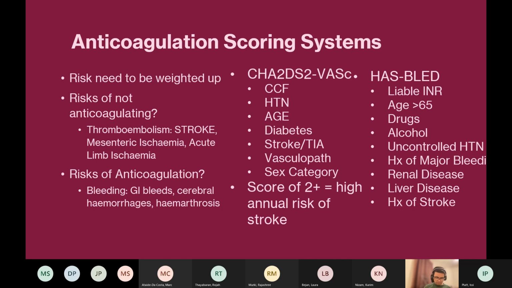So there are two scoring systems that the examiners like to ask about when it comes to considerations of anticoagulating someone with AF. And that's the CHA2DS2-VASc score and the HAS-BLED score. Does anyone know which one's used for which?